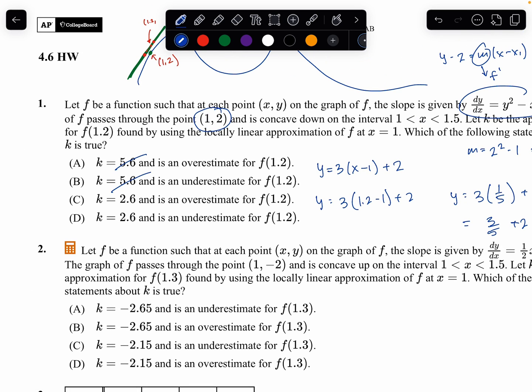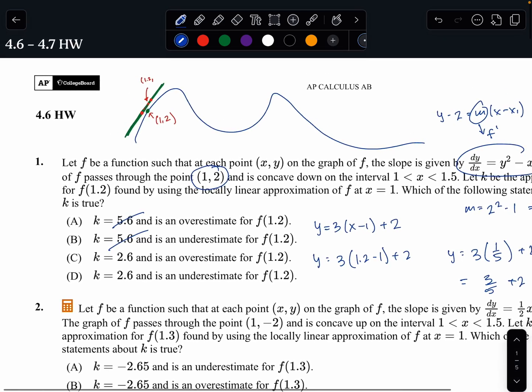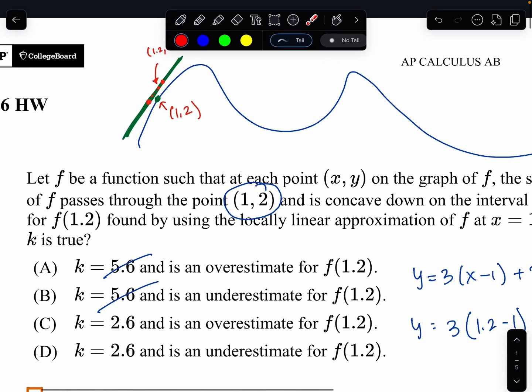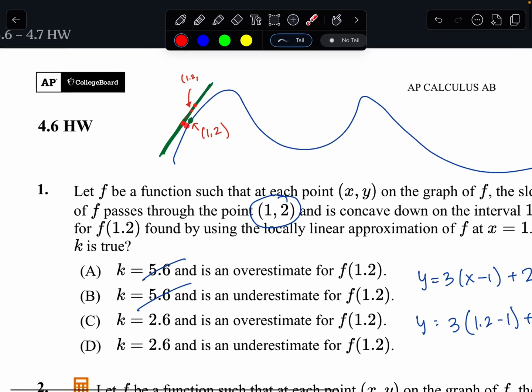And is it an overestimate or an underestimate? So actually this image isn't bad. We have a concave down curve, which means it should have a shape that looks like an upside down parabola. So on the interval from 1 to whatever value they gave us, 1.5, the tangent line sits above the curve, which means the value that we're approximating, which is 2.6, is an overestimate.